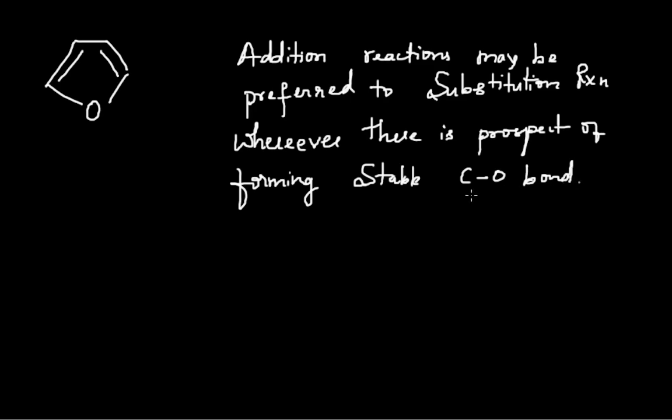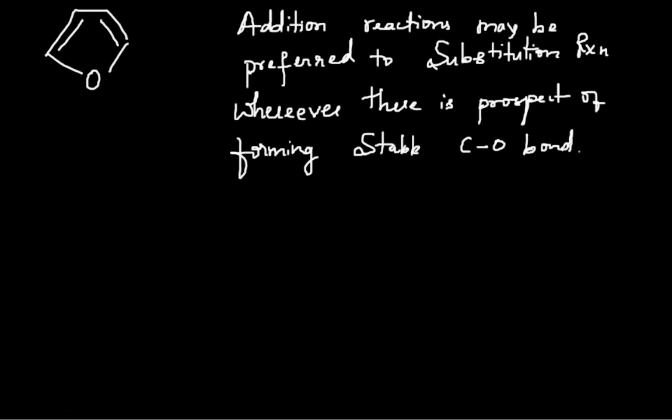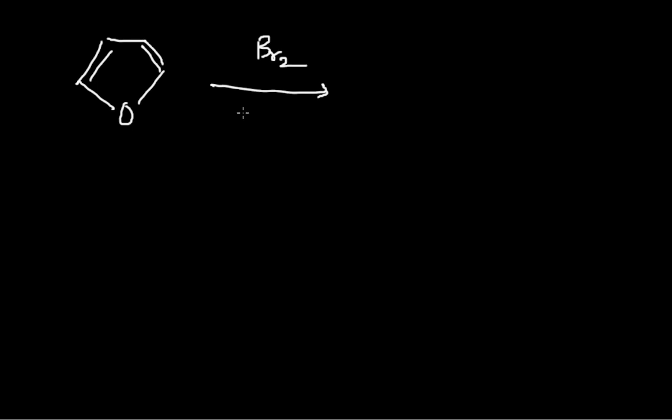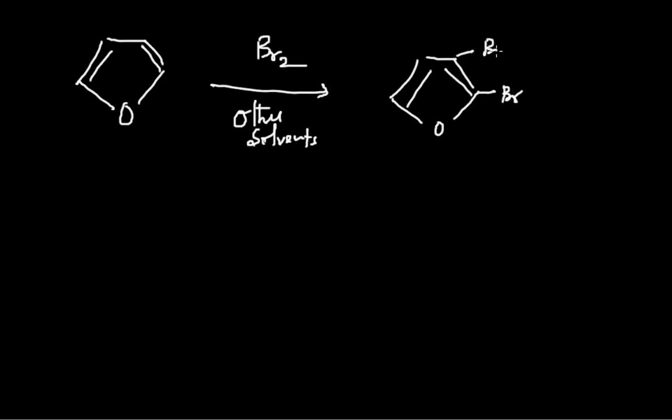Now, one example we can quote here is furan. When you react it with bromine in ether solvents, what will it form? It will form tetra substituted bromofuran, right?